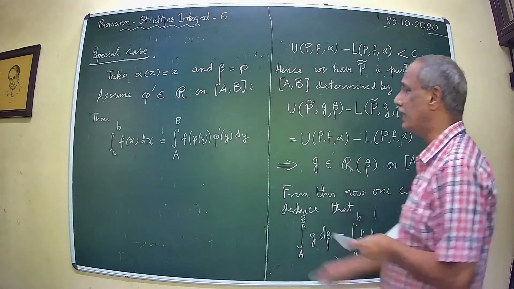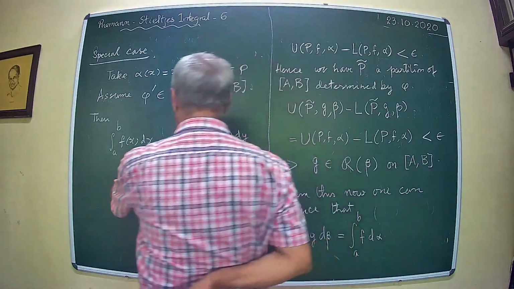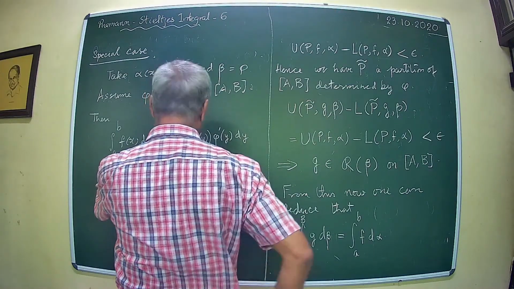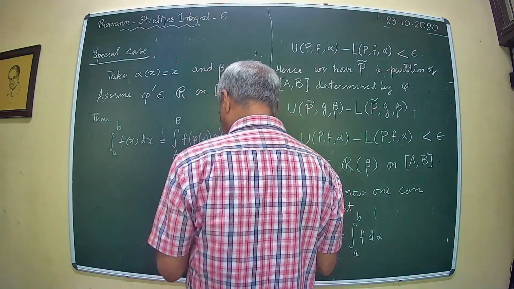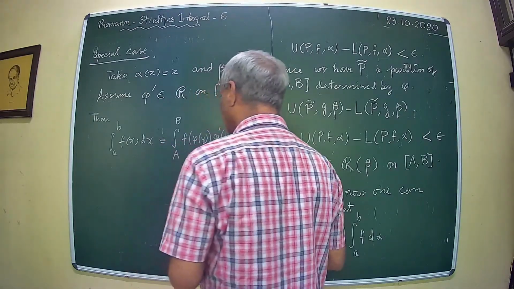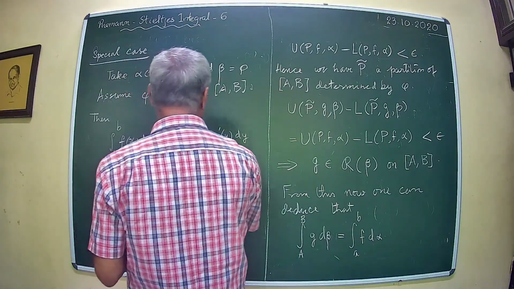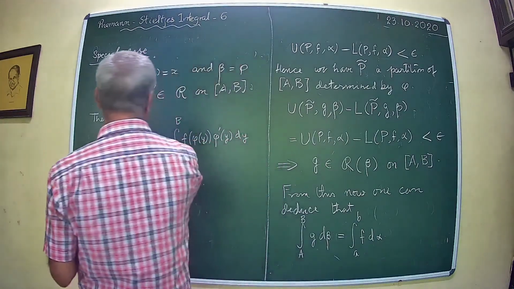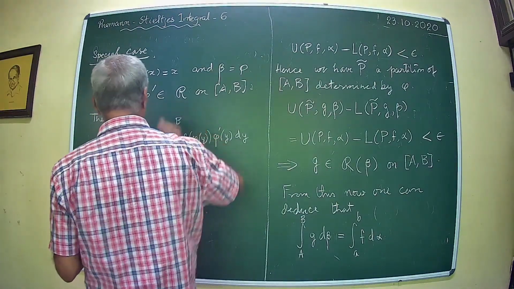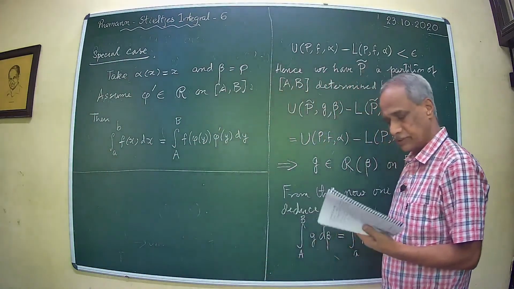If you substitute x equal to phi(y), because you recall our map, the map phi is from the interval AB to the interval small ab, then dx becomes phi derivative(y) dy, and this will become simply f of phi(y), and the limits of integration will be from capital A to capital B. So that's the change of variables that we have, which we know.